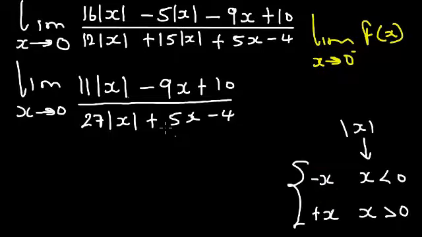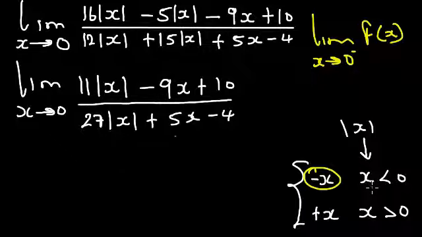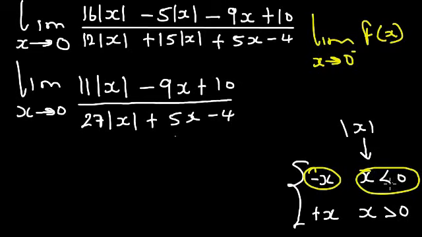For you to know which to use, that will depend on the limit point. If the variable is approaching the limit point from the left hand side, you use minus x, because that is the valid input for this range.